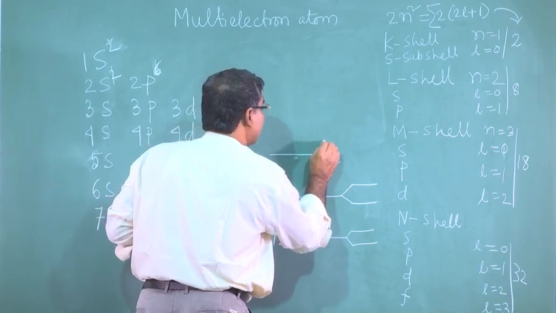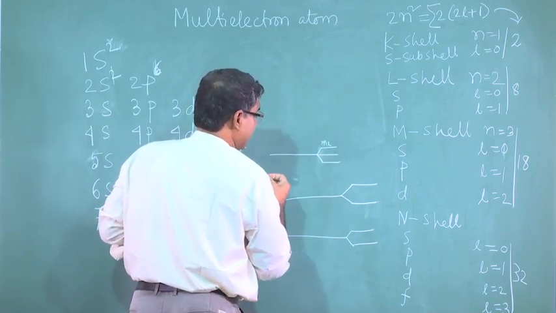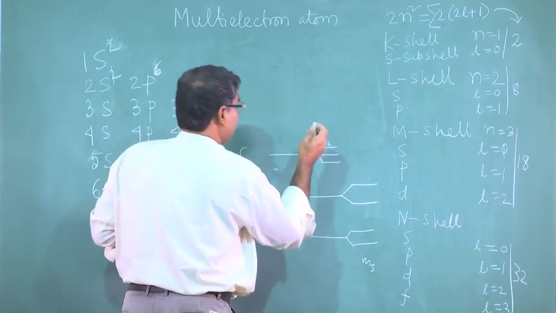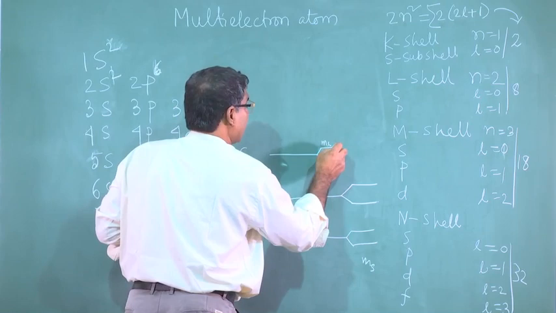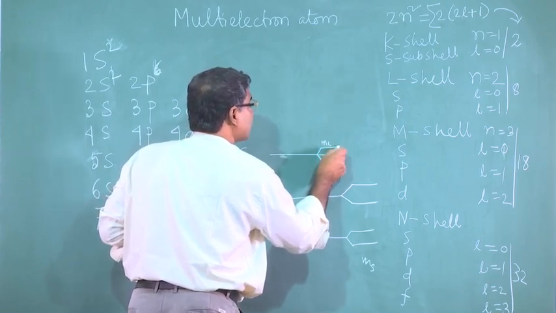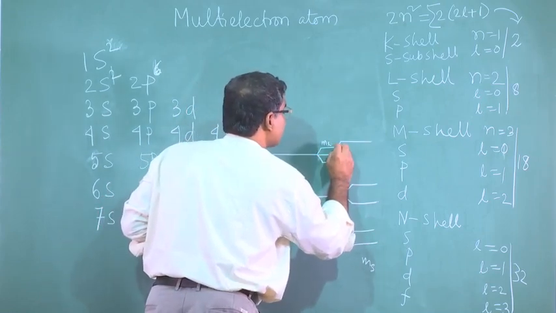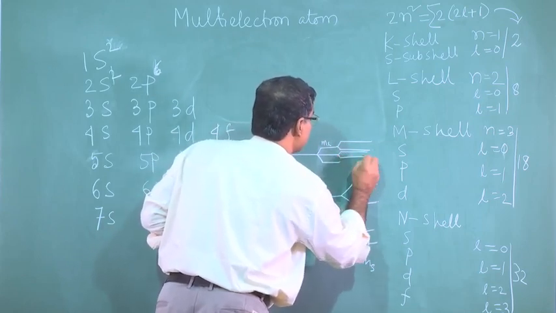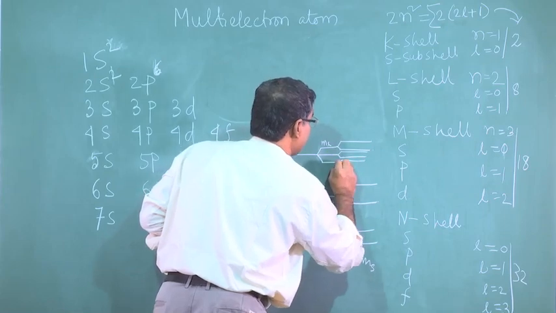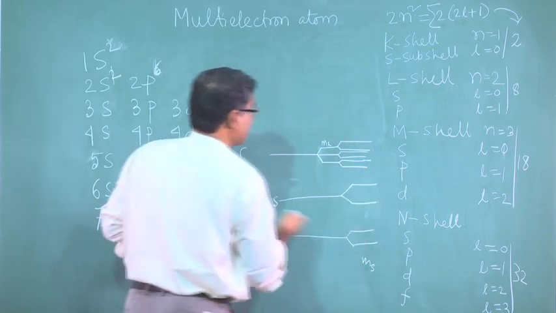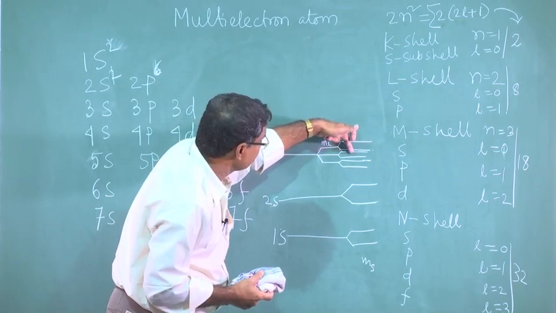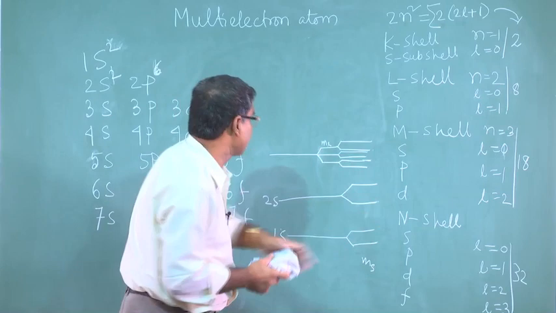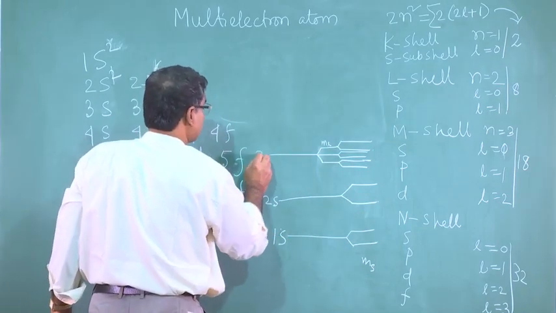So, this is depending on ml, and this is basically for ms. Each one will be split into 2, based on ms. So, it has 1, 2, 3, 4, 5, 6; it can take 6 electrons, and each can take a maximum of 2 electrons. So, this is 2p.